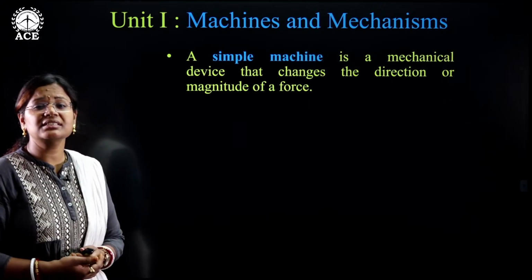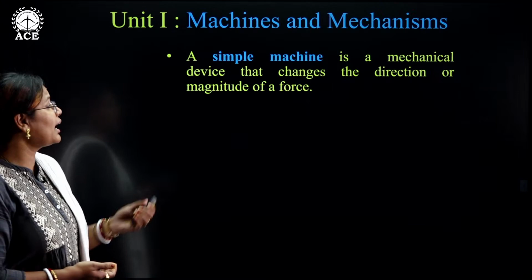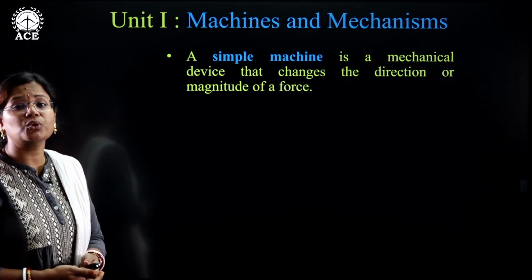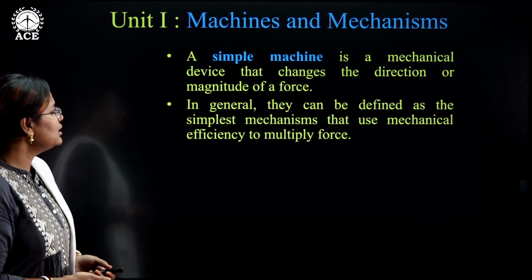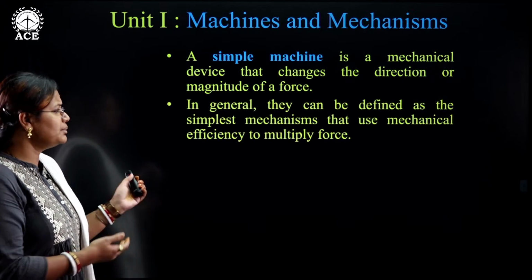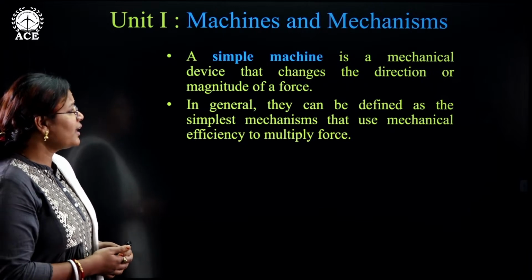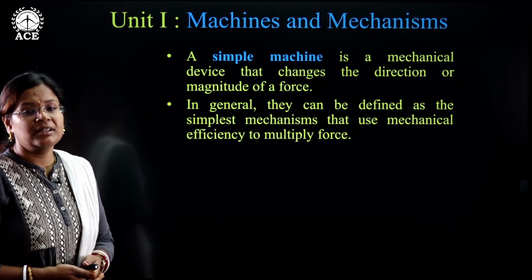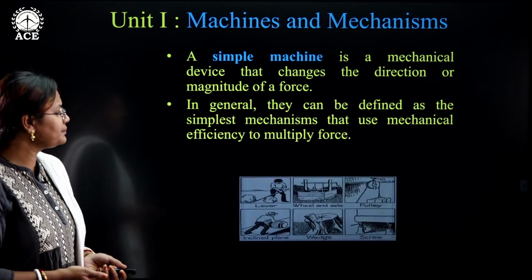See, the definition says a simple machine is nothing but a mechanical device that changes the direction or the magnitude of a force. In general, they can be defined as the simplest mechanisms that use mechanical advantage to multiply the force. Let us see some examples.